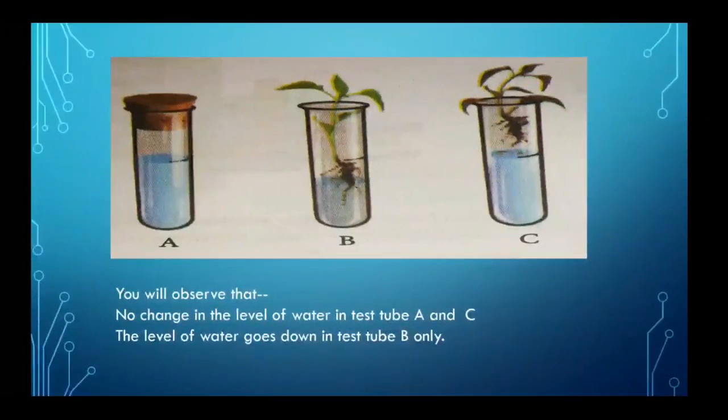So why is there no change in test tube A and test tube C? It's because, as you know, roots are the structures which help to absorb water. In both B and C, roots are there. But in B, the roots are already immersed in water, and that's how they can absorb water.